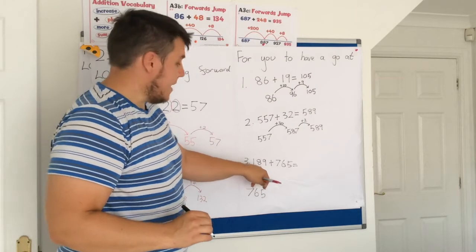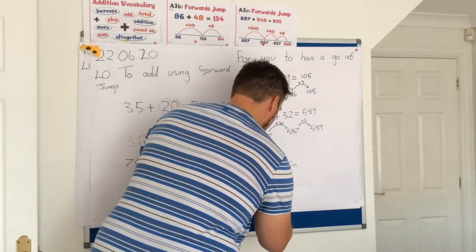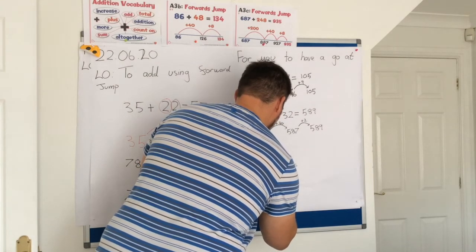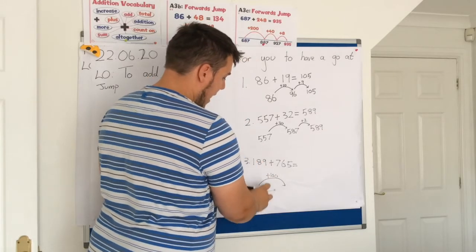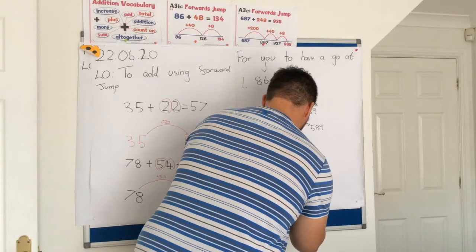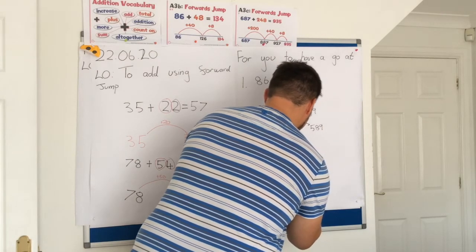Instead of starting with my tens, I'm starting with my hundreds. So I've got 100 in this one. So I'm jumping 100. So I'm adding 100. 765, add 100, gives me 865.